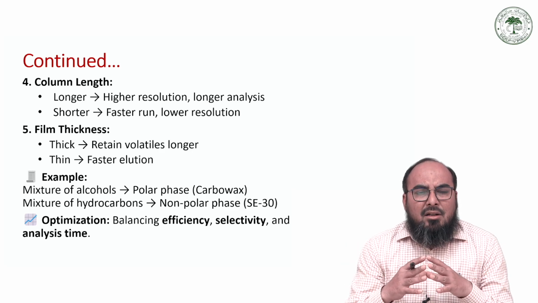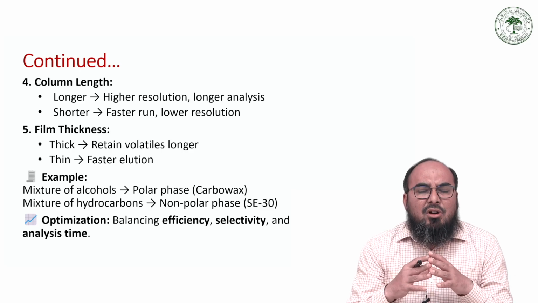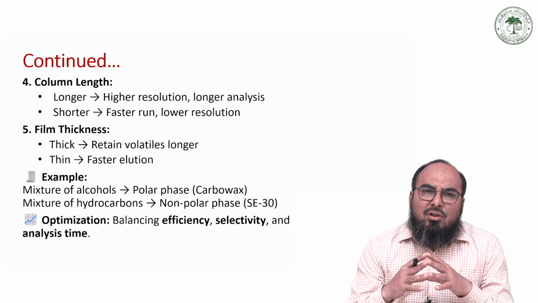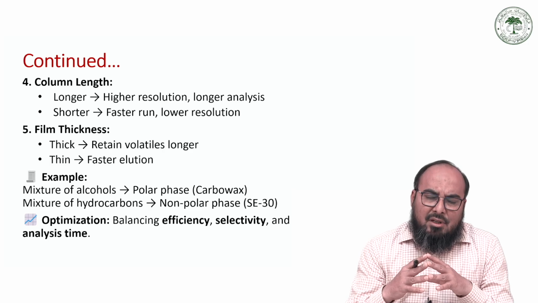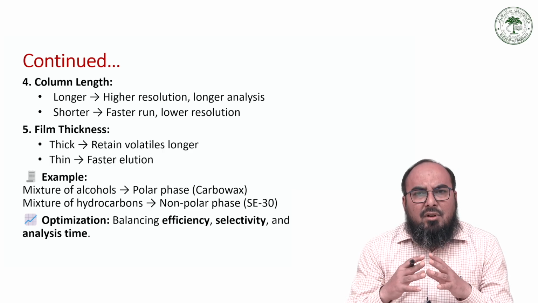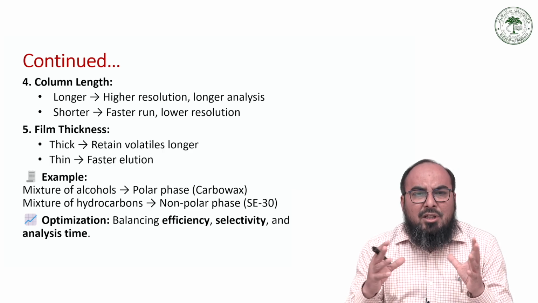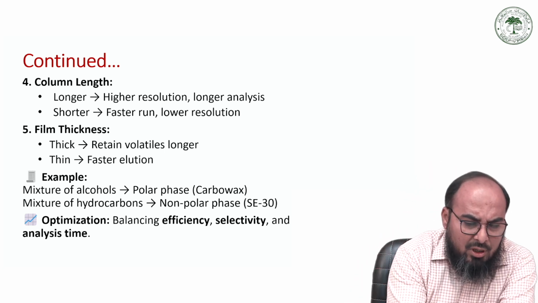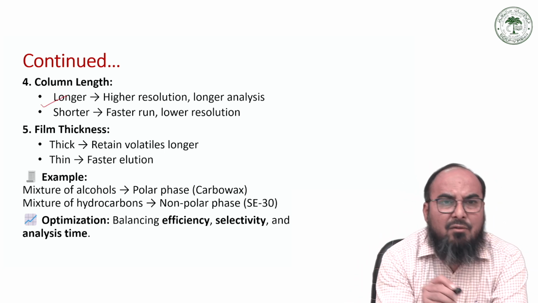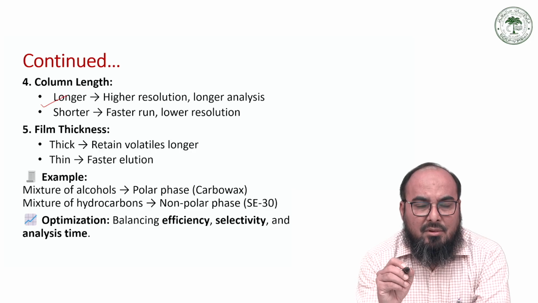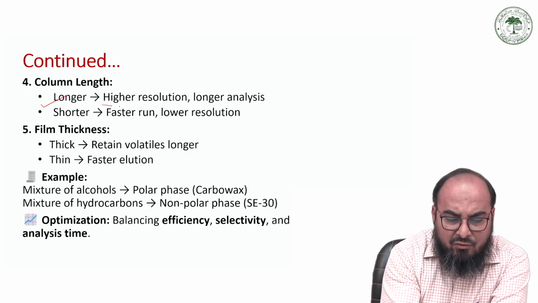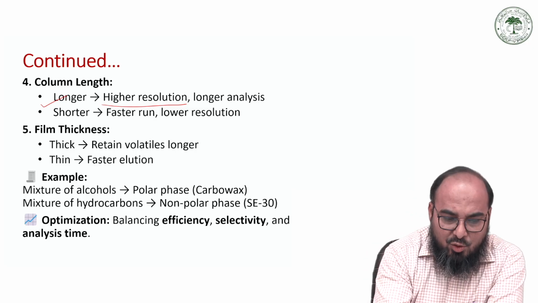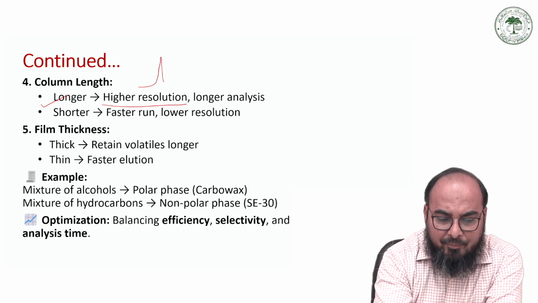And from the Van Deemter equation we have experimentally verified that the greater the number of theoretical plates, the higher the resolution, and the number of theoretical plates can only be maximized when we take longer columns. So resolution will be high, and you will get well separated peaks.